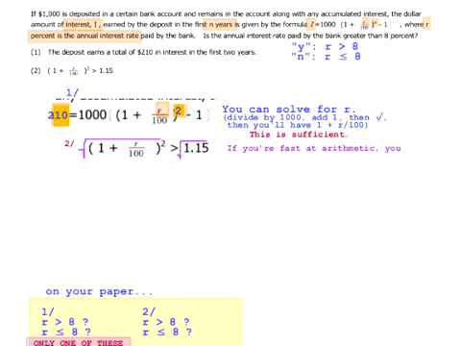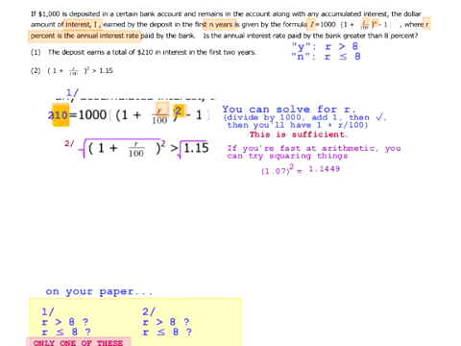The GMAT will never make you do lots of labor like this, but you can try squaring things and seeing if you get 1.15. You probably know it's got to be somewhere between 1 and that. If you square 1.07, for instance, that's going to be 1.1449.